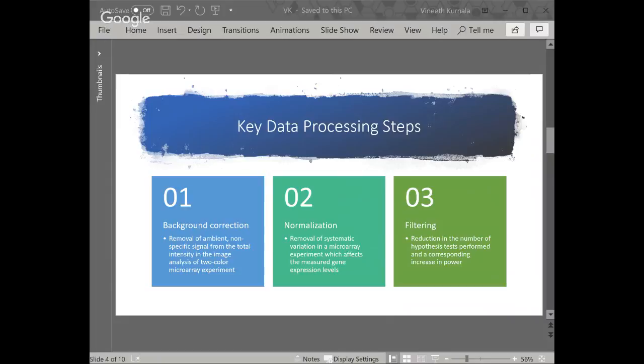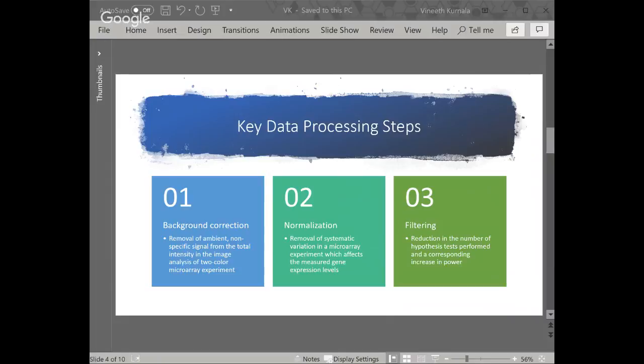The next one is the normalization. So normalization is nothing but removal of systematic variation in a microarray experiment which affects the measured gene expression levels. Since we are dealing with microarray data here, normally microarray data can contain a lot of systematic variation.